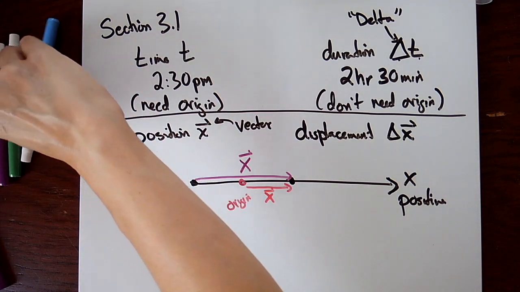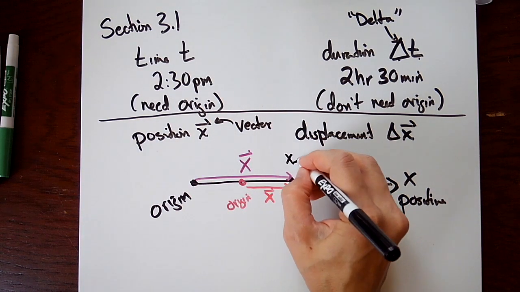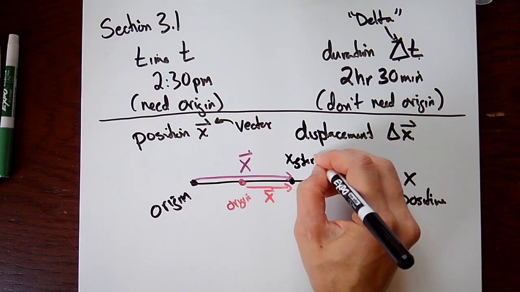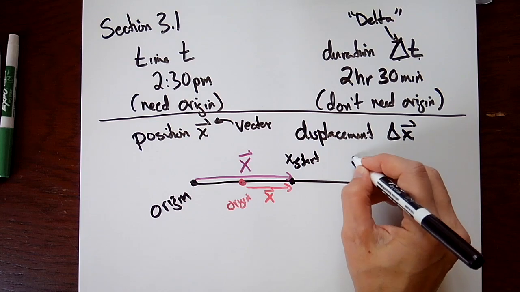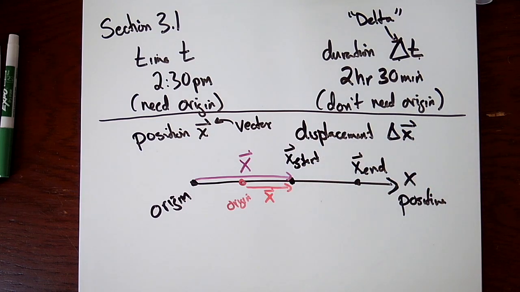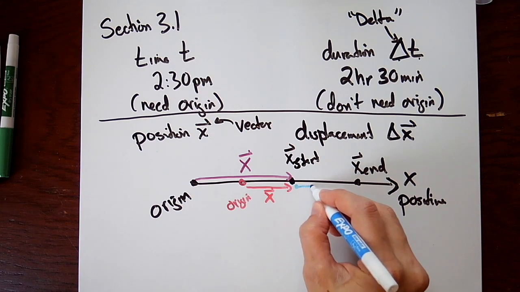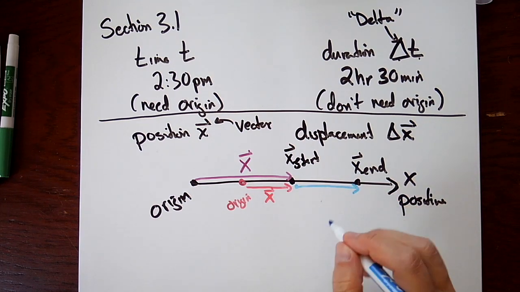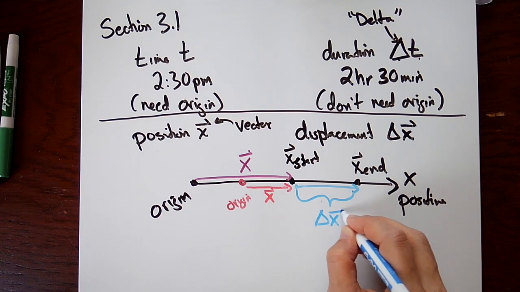Then say if we started here, this is our starting position, and we ended here, that would be our ending position, then our displacement would be, we'd start at our starting vector, we'd travel to our ending vector, and this here would be our displacement.